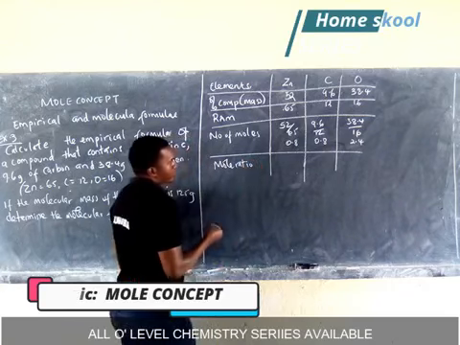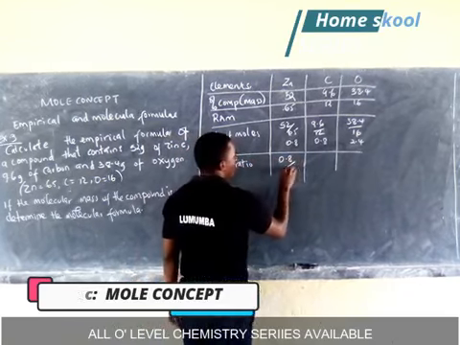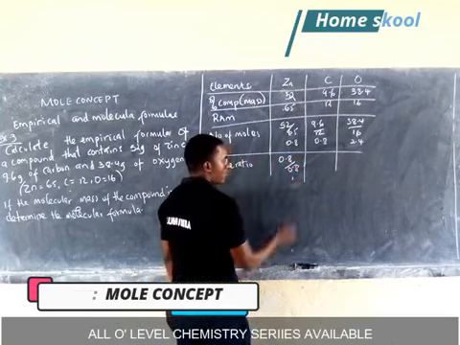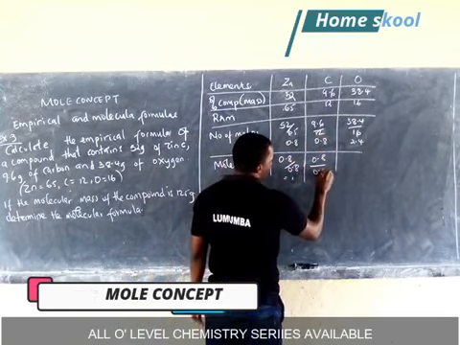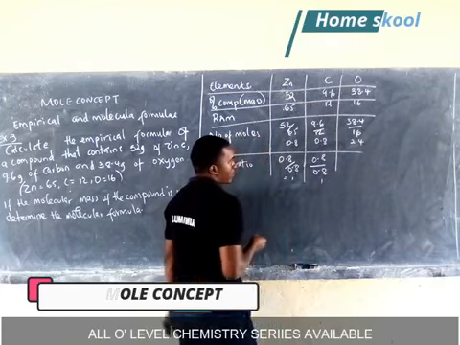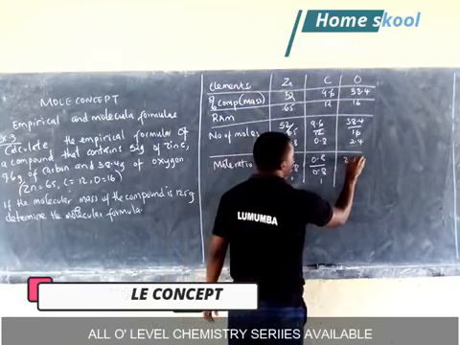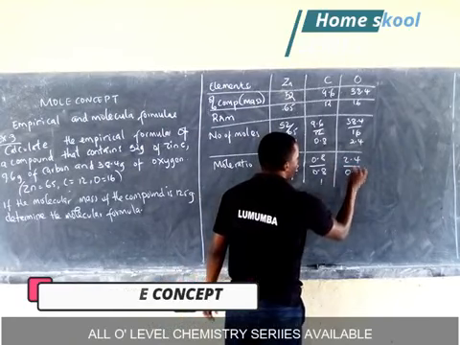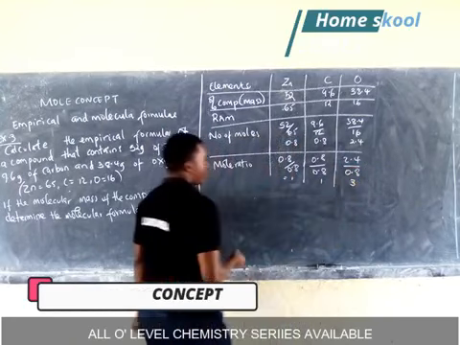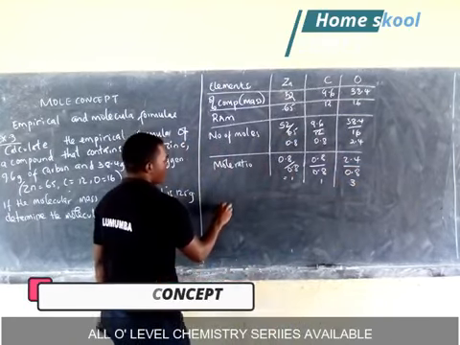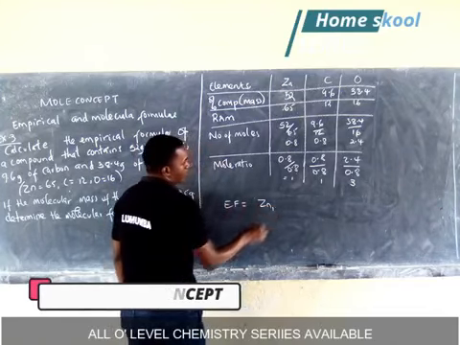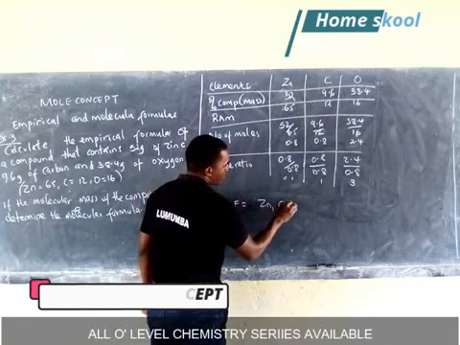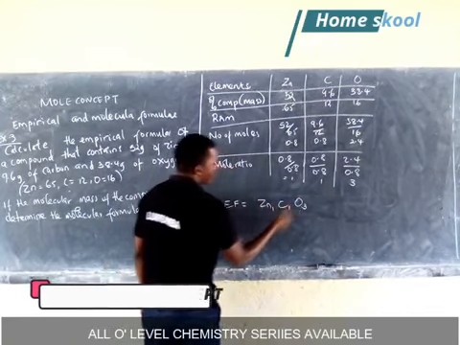The smallest value is 0.8: 0.8 over 0.8 gives us 1, 0.8 over 0.8 giving us 1, then 2.4 over 0.8 gives me a 3. Therefore, the empirical formula is equal to zinc 1, carbon 1, then oxygen 3.